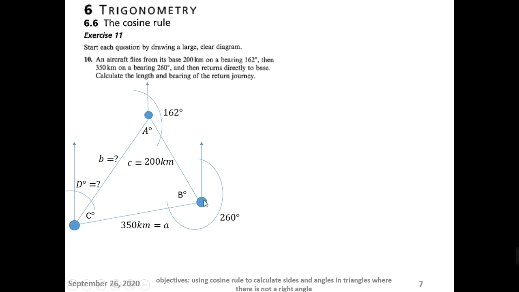Because the norths are parallel, and these two angles create the U shape here, which makes them co-interior angles. So if we name this E, the 162 degrees and the angle E are co-interior angles, and co-interior angles add up to 180 degrees. Accordingly, angle E is equal to 180 minus 162. Angle E is equal to 18 degrees.